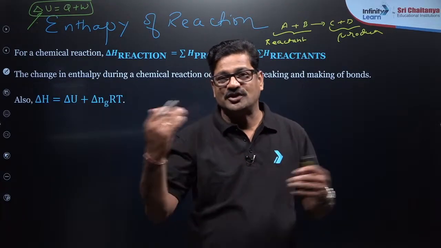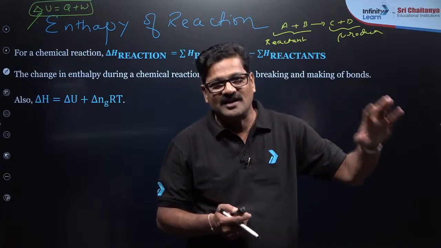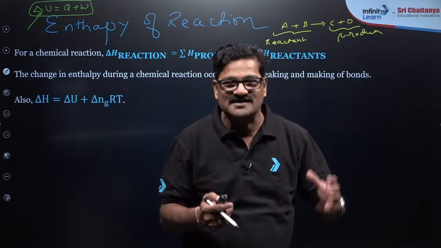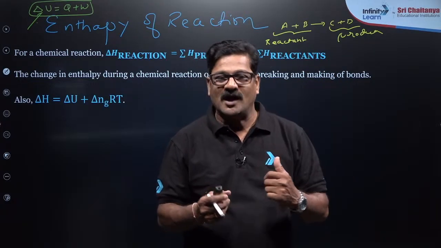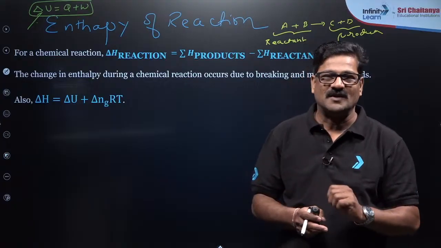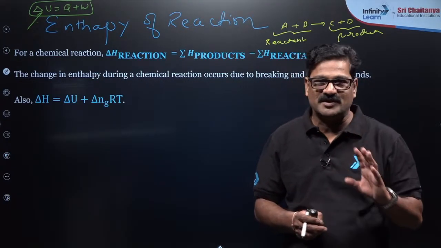But when it comes to nature, almost all naturally taking place processes or reactions are at constant pressure. So I want to calculate the heat of a system at a constant pressure. So enthalpy is going to be the heat of a system at constant pressure.